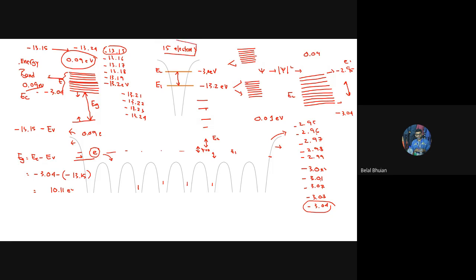So how are we going to accommodate the electrons at each energy state? Any suggestion? Where will I put the electrons one by one?